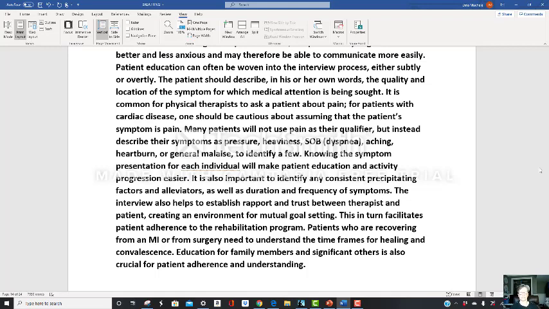For patients with cardiac disease, one should be cautious about assuming that the patient's symptom is pain. Many patients will not use pain as their qualifier, but instead describe their symptoms as pressure, heaviness, SOB, dyspnea, aching, heartburn, or cerebral malaise, to identify a few. Knowing the symptom presentation for each individual will make patient education and activity progression easier.